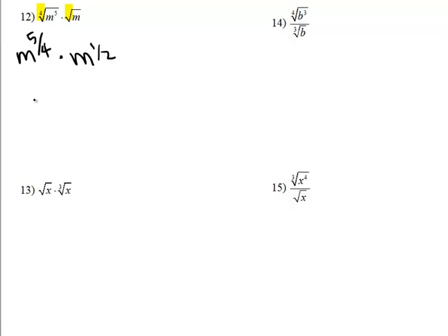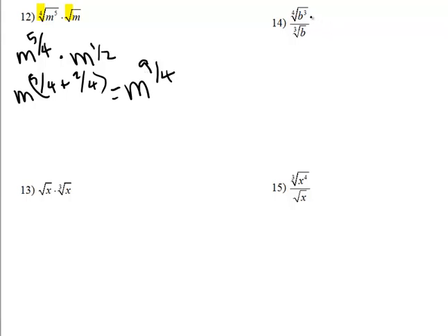I'm going to add those together, so I'm going to have m to the 5/4 plus 1/2, which is the same as 2/4, and I'll end up with m to the 9/4. Can't reduce, so I'm going to leave it the way it is.